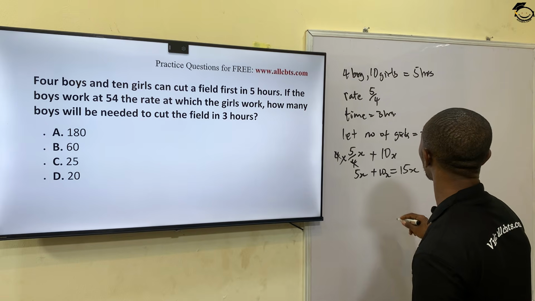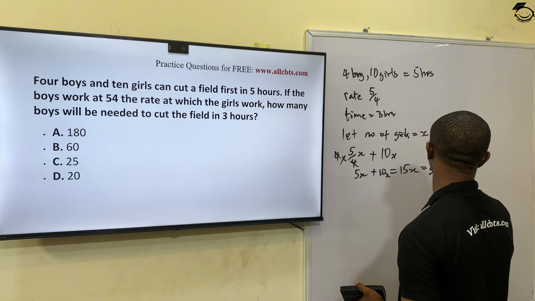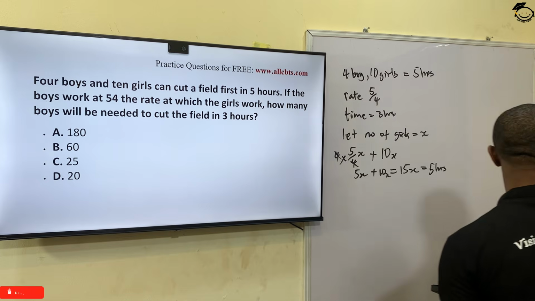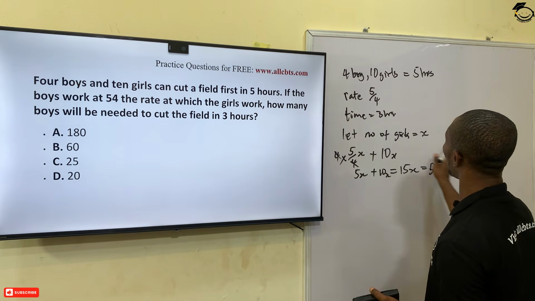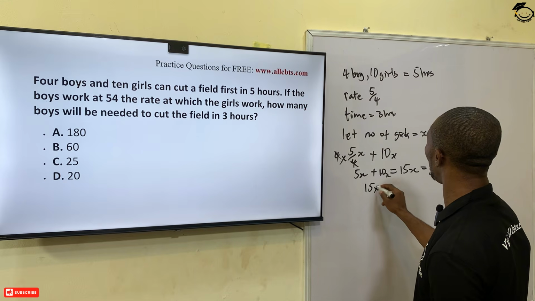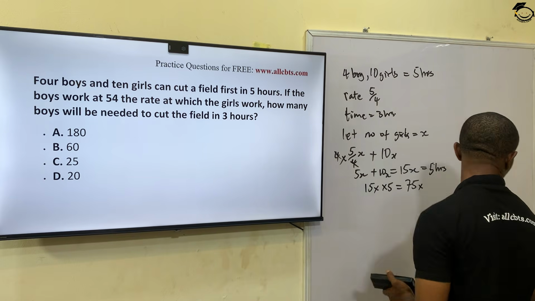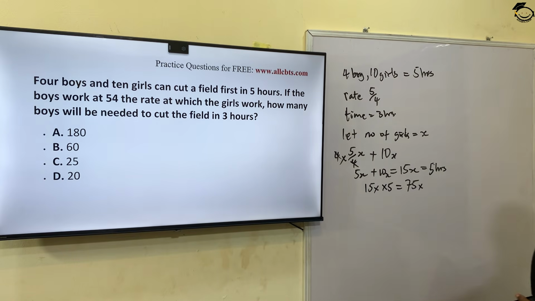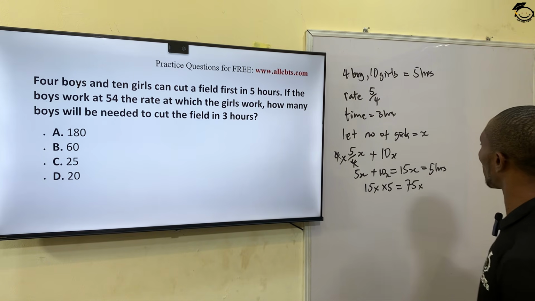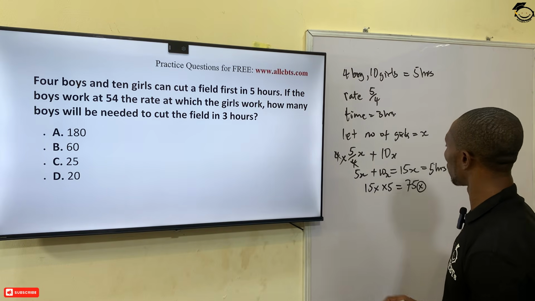Now these ones are working for how many hours? 5 hours. So for the total, the 15x times 5 will give us 75x, where x is the total number of girls working there.